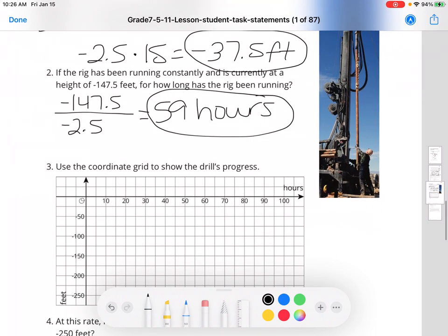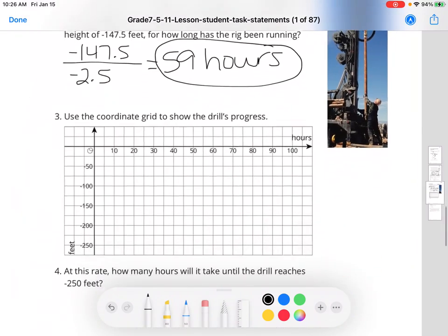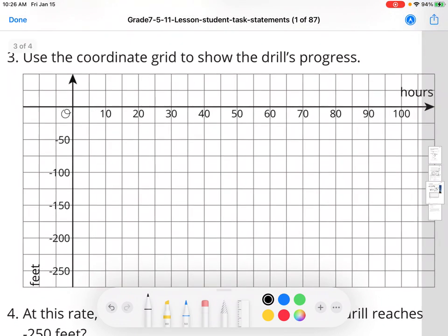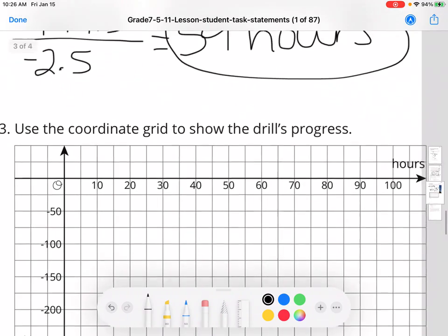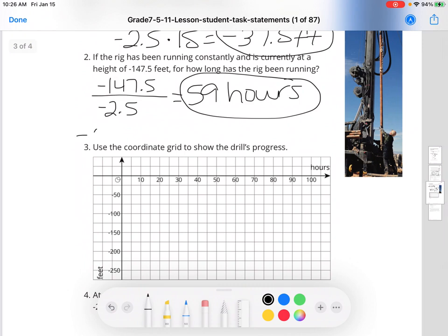Okay, number 3, it says use a coordinate grid to show the drill's progress. Well, we know our constant of proportionality is negative 2.5. And my hours is labeled by 10, so each grid line represents 5 hours. So if it's negative 2.5 feet per hour, I know at 10 hours it was at negative 25 feet.